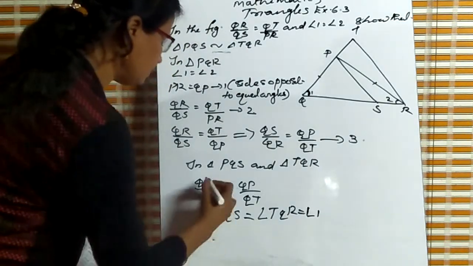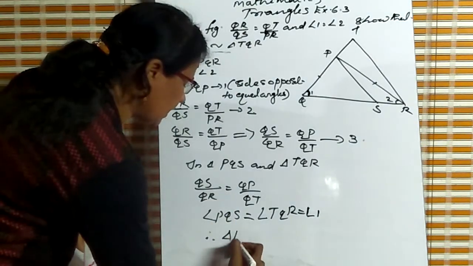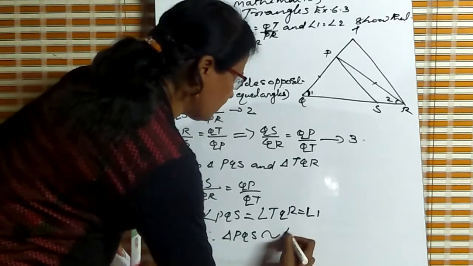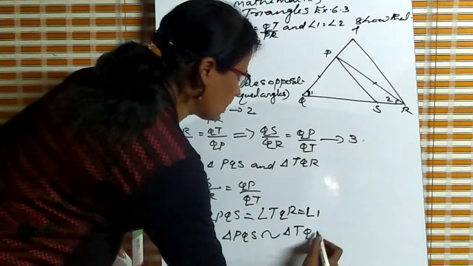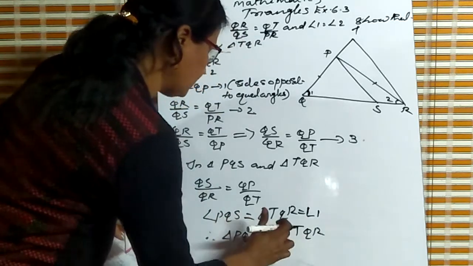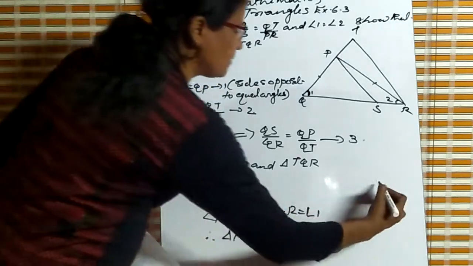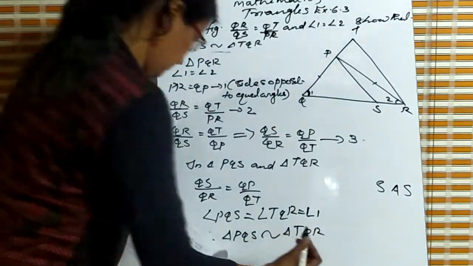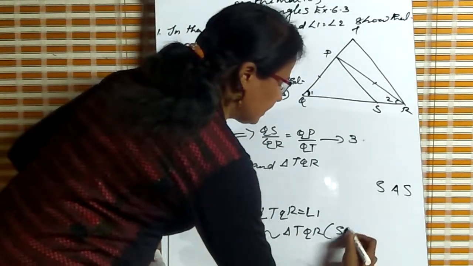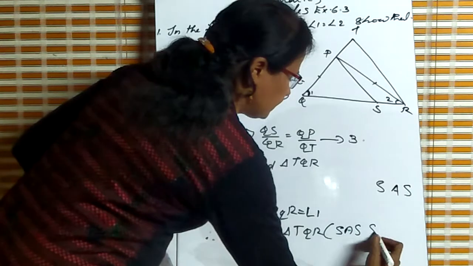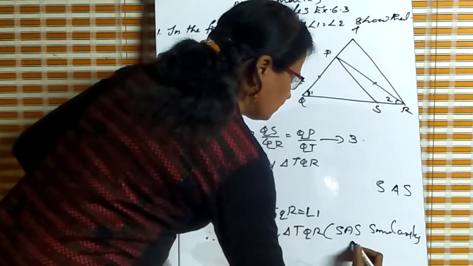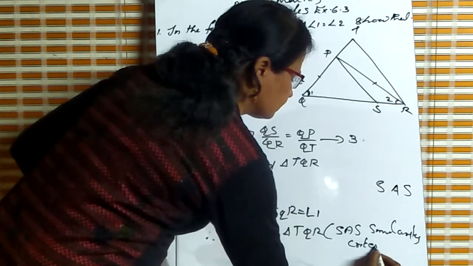Therefore, we can write triangle PQS is similar to triangle TQR by, this is the angle and these two are the sides, side angle side, SAS similarity criterion. These two triangles are similar.